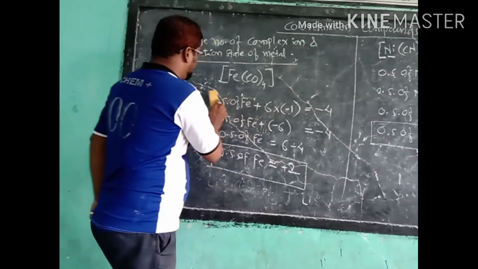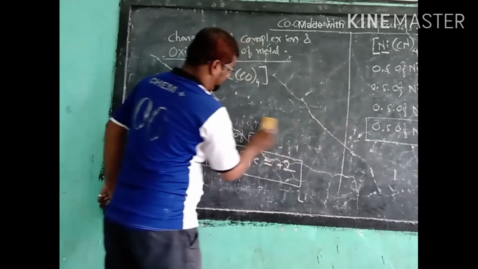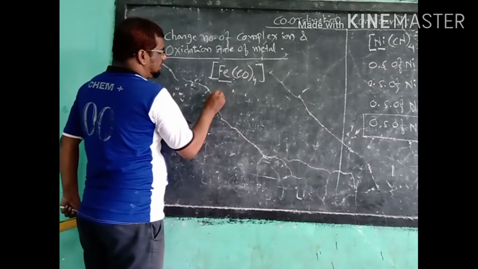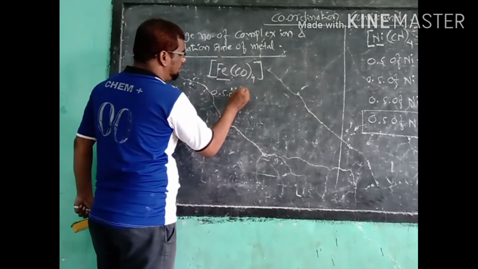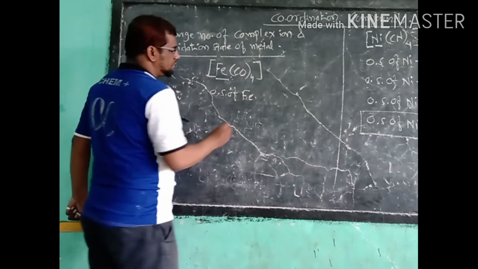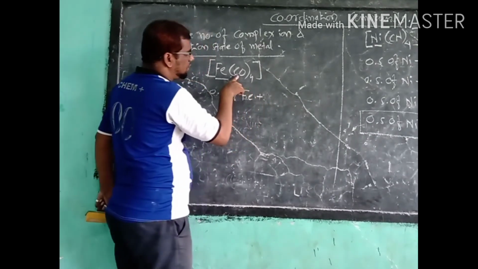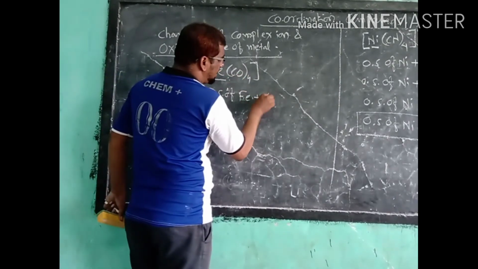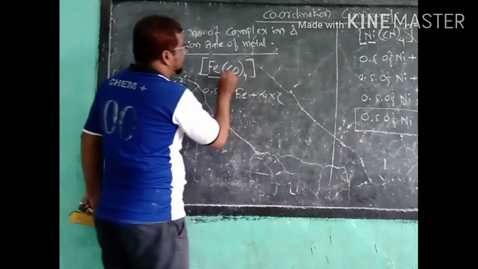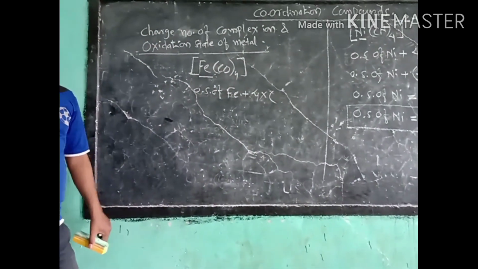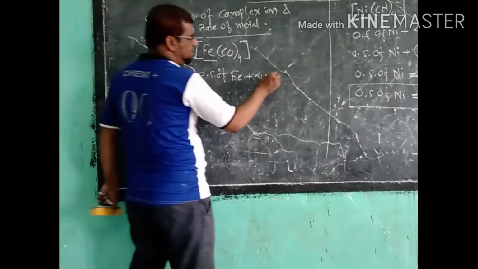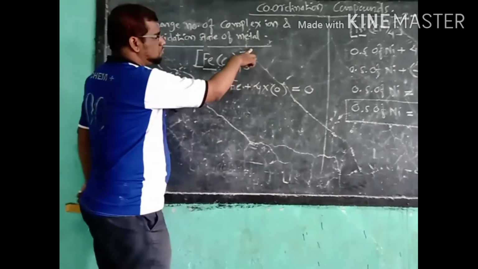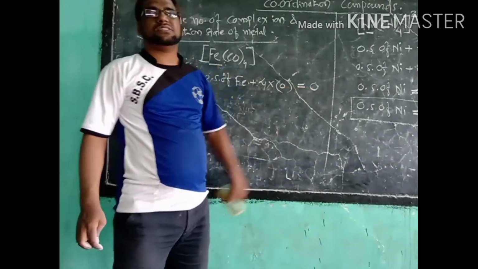So we can calculate the oxidation state of Fe in this complex compound. I write the oxidation state of Fe plus 4 carbonyl. What is the name of this ligand? It is carbonyl. This carbonyl is a neutral ligand. Neutral means it does not carry any charge, so we write 0. And the net charge is also equal to 0.